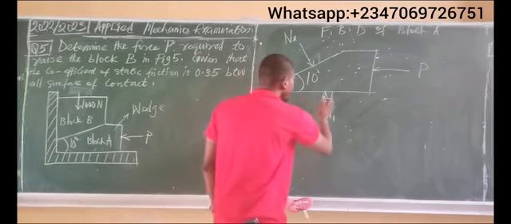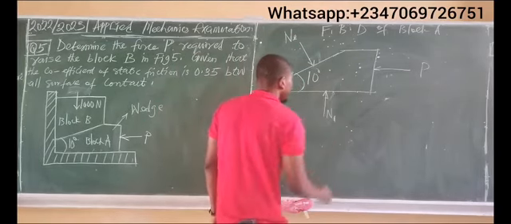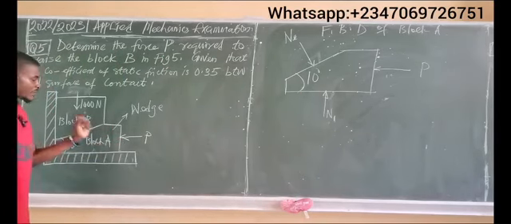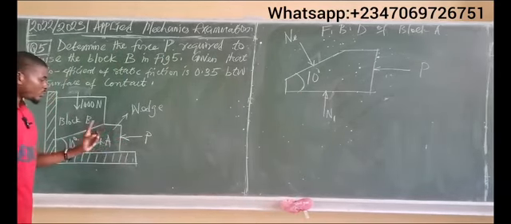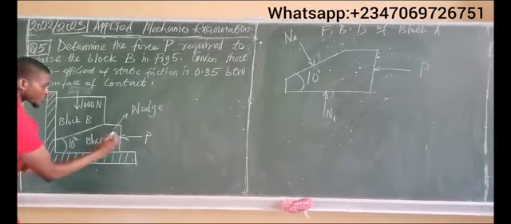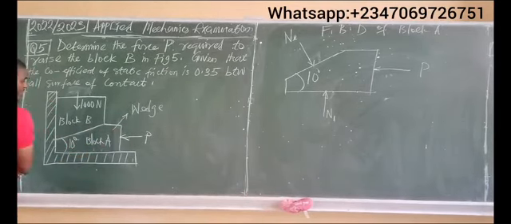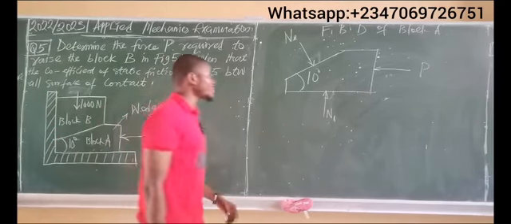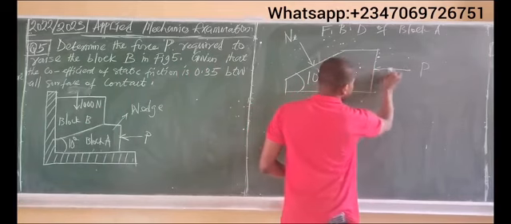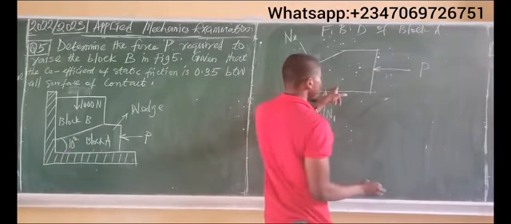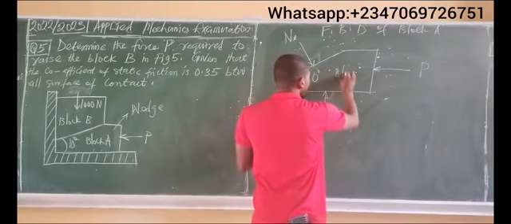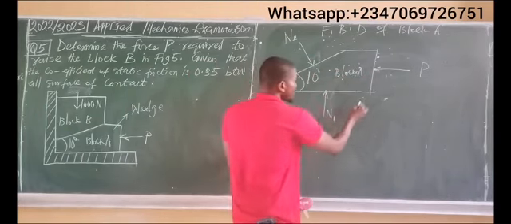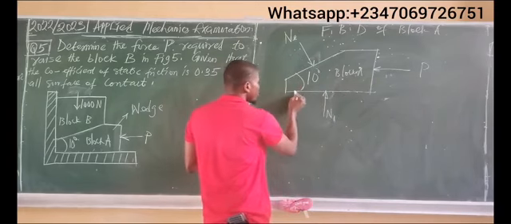Okay, so this is the free body diagram, but it doesn't end there. Now, on application of this load P, if you apply this force on this wedge, block A, this force is directed to the left, so it will cause block A to move to the left.